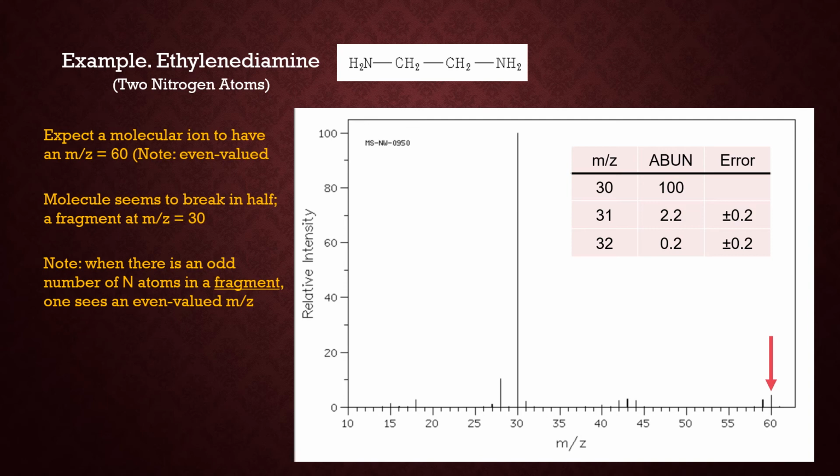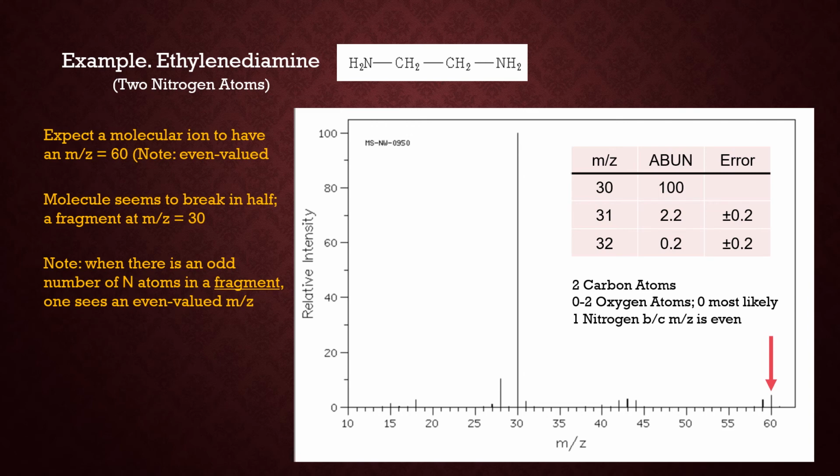But even though I have this possibility, namely 2 carbons and 0 to 2 oxygen atoms based on the abundances and the errors, any combination of carbon and oxygen would not give me an even valued fragment. Secondly, I already know, based on the fact that it is even valued, I have a nitrogen present, so I can't possibly have a nitrogen and an oxygen. I can't have more than 2 carbons.